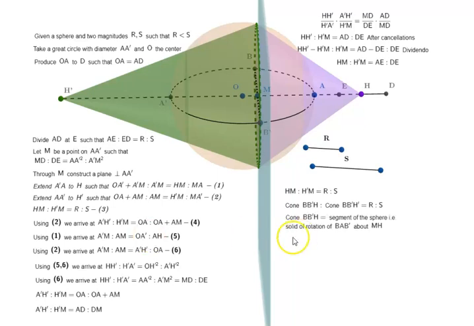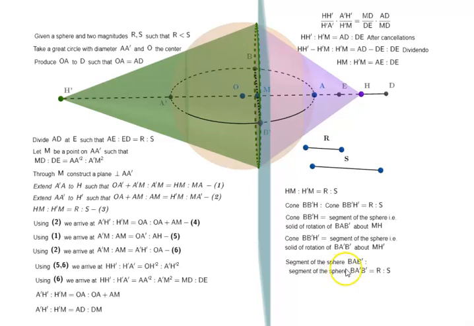But cone B prime H is equal to the segment of the sphere, that is the solid of rotation of B prime about MH. And cone B prime H prime is equal to the segment of the sphere, that is the solid of rotation of B prime about MH prime.